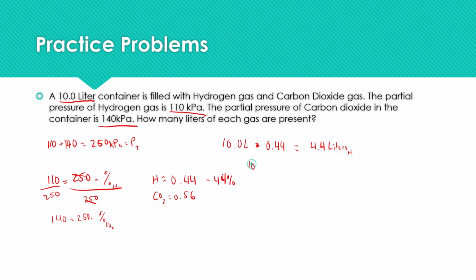And if we do the same thing for our carbon dioxide, 0.56, we'll get that there are 5.6 liters of CO2. Okay, so those would be the two answers to that question.